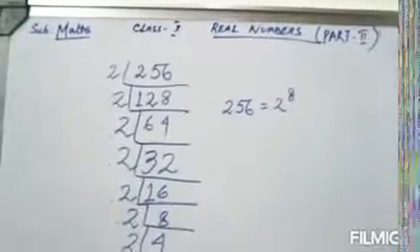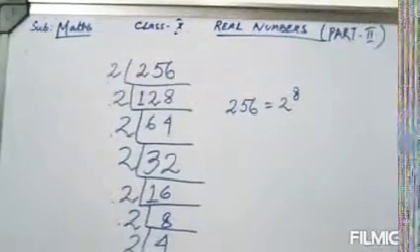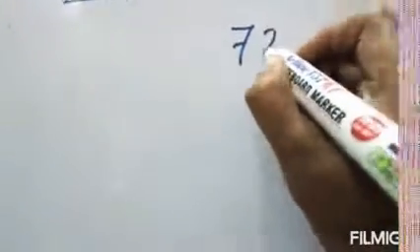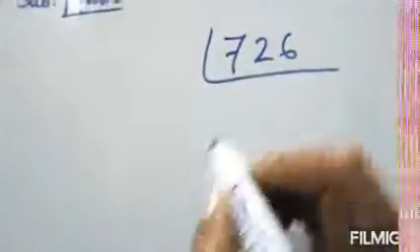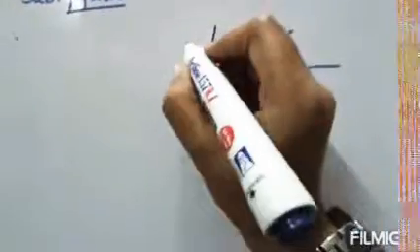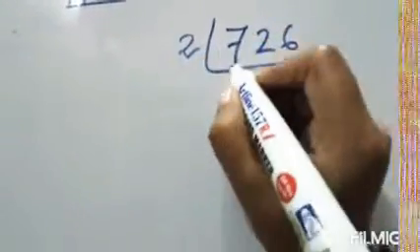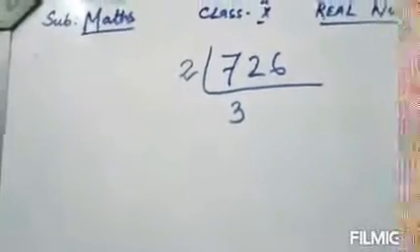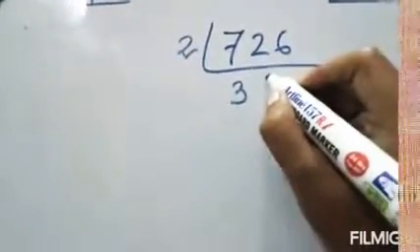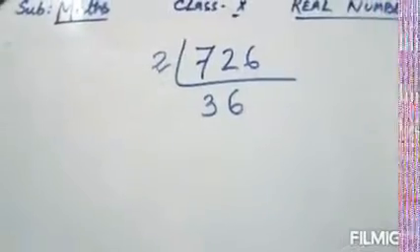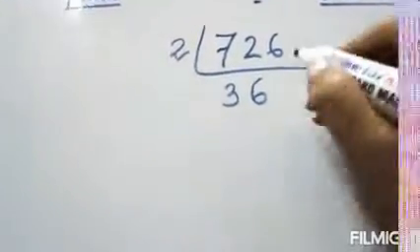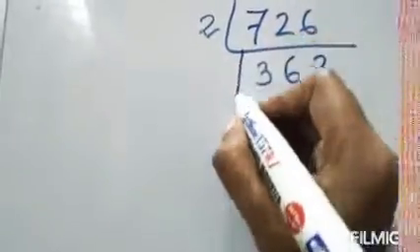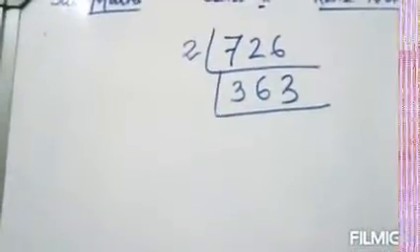Okay, let's take another number, like 726. I'll do prime factorization. So 2, 363 will come, right? 3 2s are 6, 1 comes as remainder, so 6 2s are 12, and 6 is there, so 3. Now this is an odd number, but it can be divided by 3.